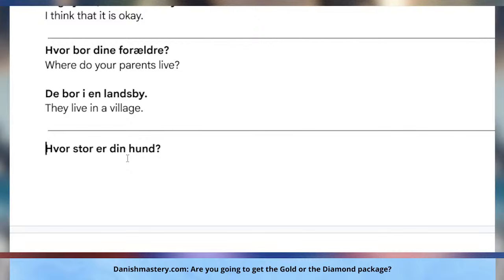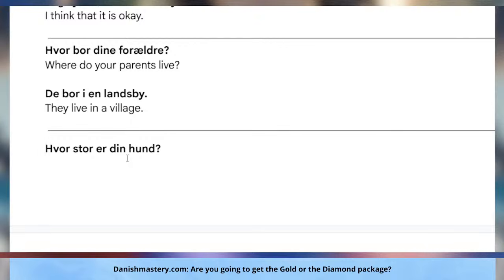So once again, you notice that I don't need to say forældre. I don't need to say that noun here in the response because we know it's the parents, right? So we can just say de, they, de bor. You could say mine forældre, ikke mig. Mine forældre bor i en landsby. But it's unnecessary. We get it from context.